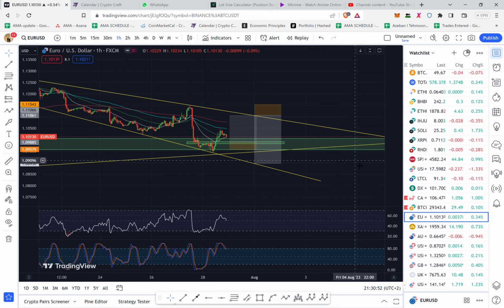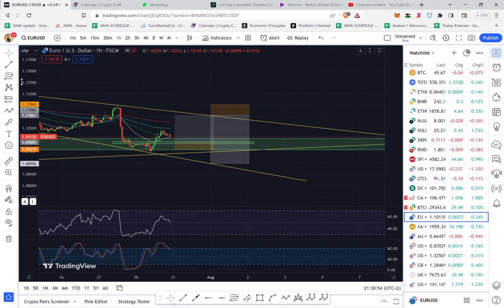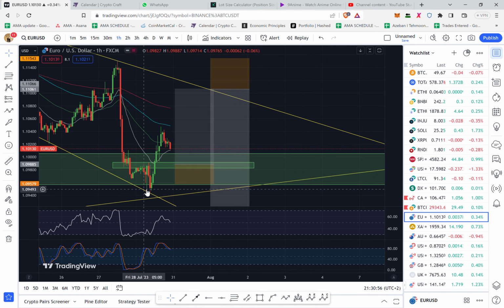So I'll be watching for that. Maybe even take profit down at these lows, as we have an ascending trend line. So I'll be taking partial profits down over here at this area of value.